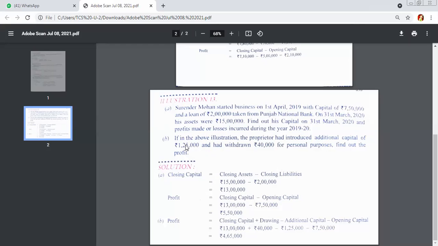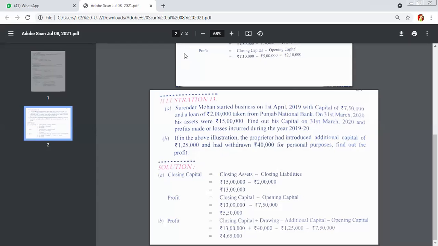But in part B, it is given additionally: if in the above illustration, the proprietor had introduced additional capital of 1,25,000 and had withdrawn 40,000 for personal purpose, what will be the profit? Means additional capital is also given to us over here.